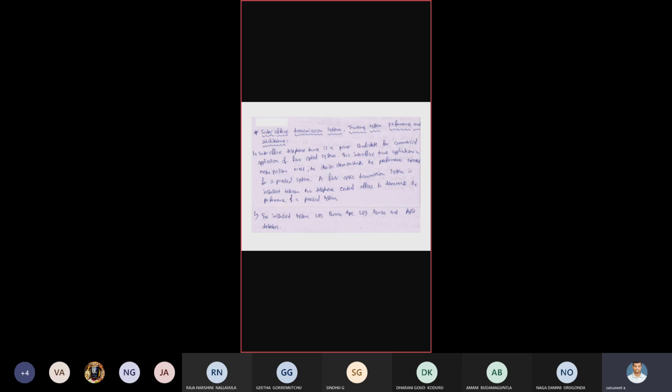That is conversion from electrical to optical, and at the receiving side from optical to electrical signal. For the light source we use Burrus type LED structures, which we already discussed in the first unit. The receiver type is the APD detector, that is, avalanche photodiodes, which convert the optical signal to an electrical signal.